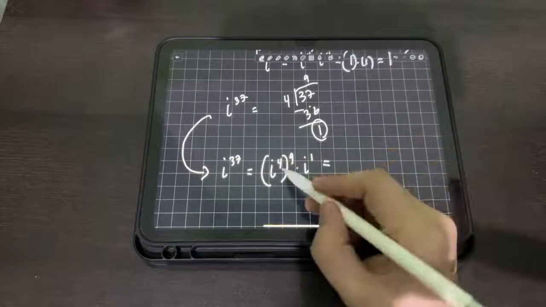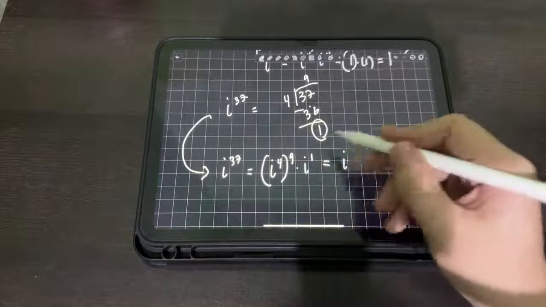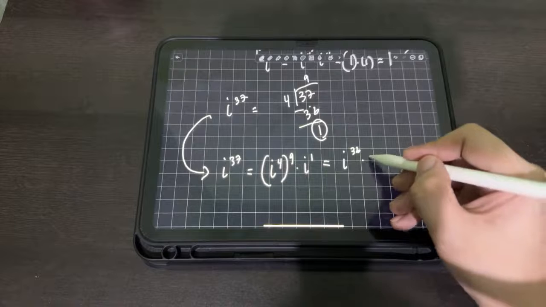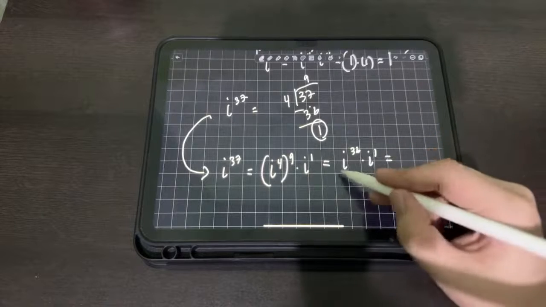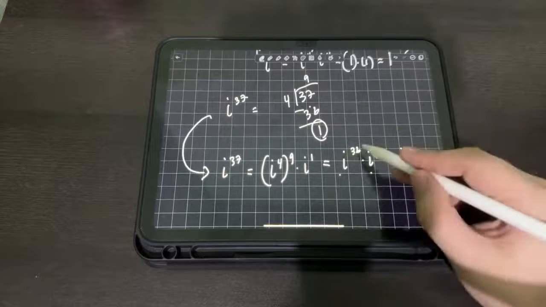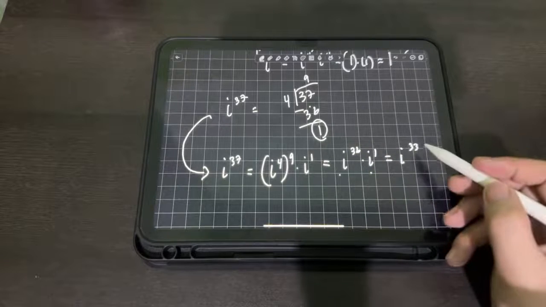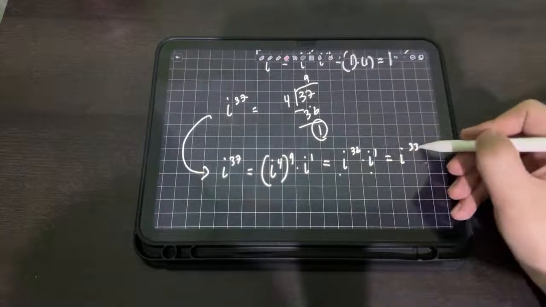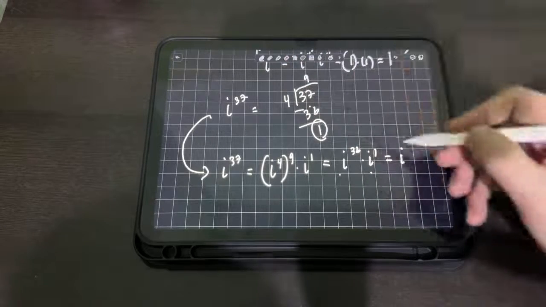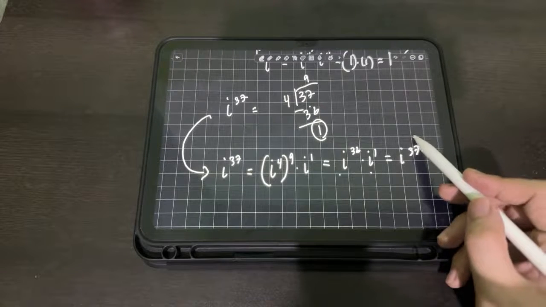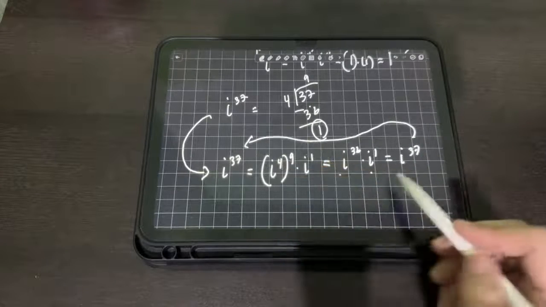Right? Because if you apply the law of exponent, that's i raised to 4 times 9, power to power law, 36, times i to the first, and multiplying the same base i, copy, add the exponent, 36 plus 1, 37. So you just return to the original given, right?